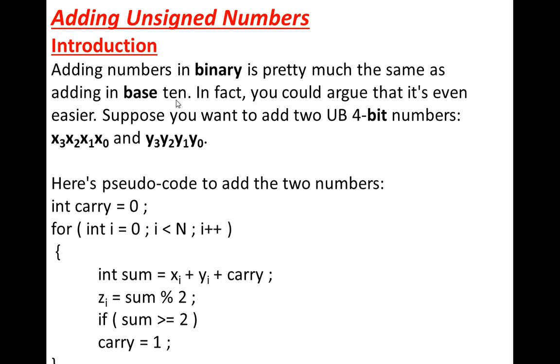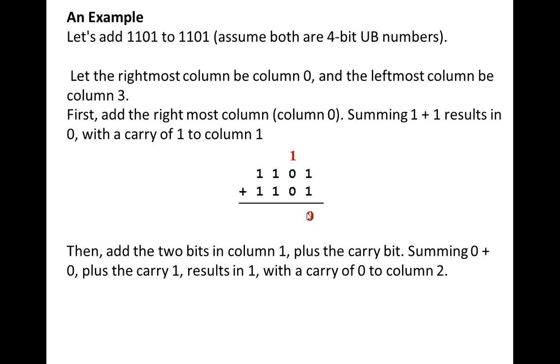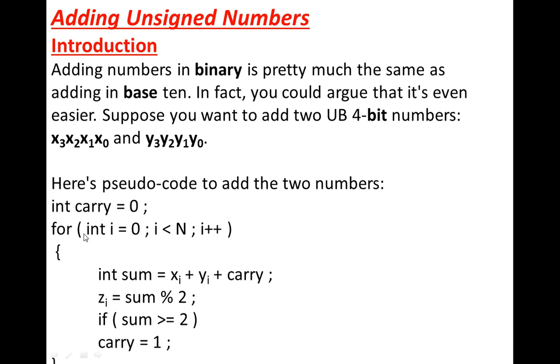Suppose you want to add two 4-bit numbers, x3, x2, x1, x0 and y3, y2, y1, y0. You want to add these two numbers together. Here is pseudocode to add the two numbers. This is int carry, this is a C program. Understand?